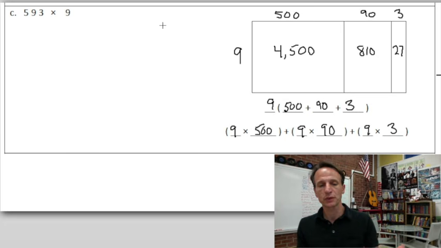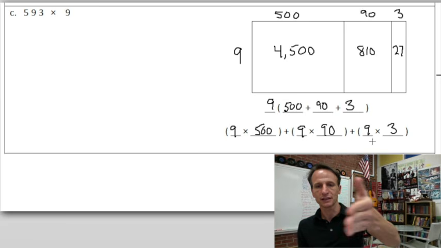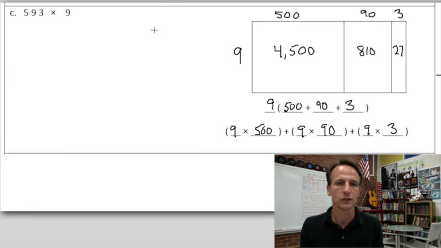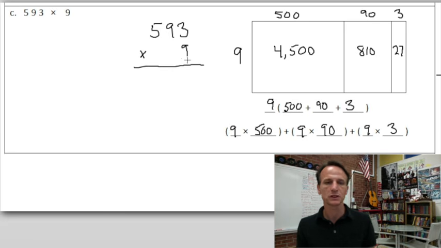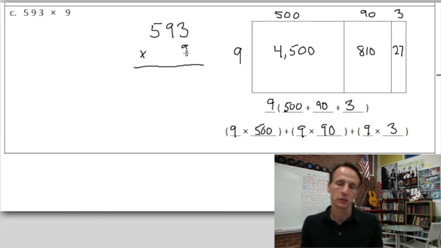Now when we do partial products, we're doing the same thing. 9 times 500, 9 times 90, 9 times 3. So let's go ahead and do that. So we'll write it out as 593 times 9, paying close attention to place value in partial products where it really matters. Well, I guess it always matters, but especially here. So 9 times 3, we just did, we know it's 27.